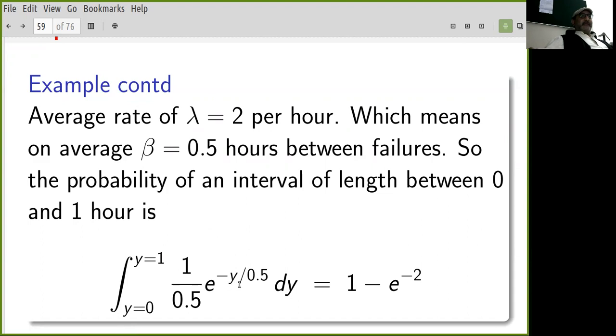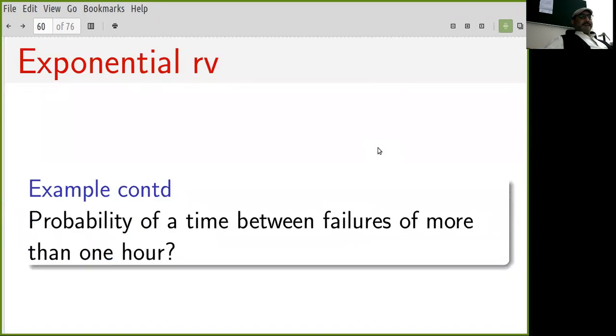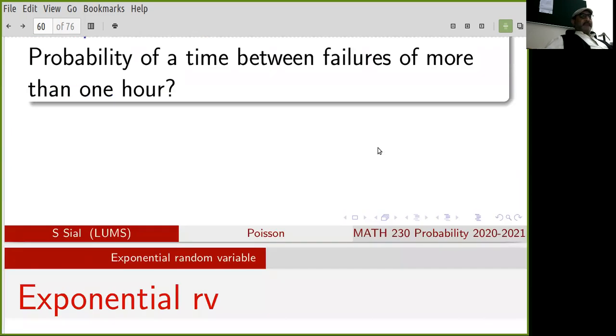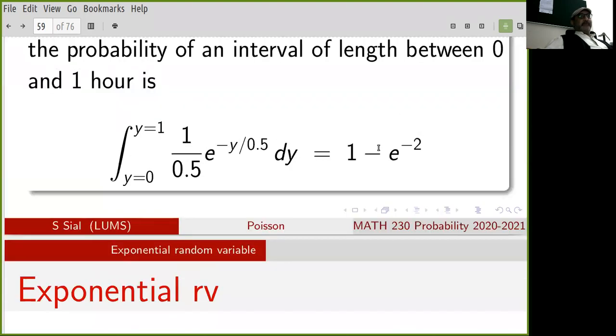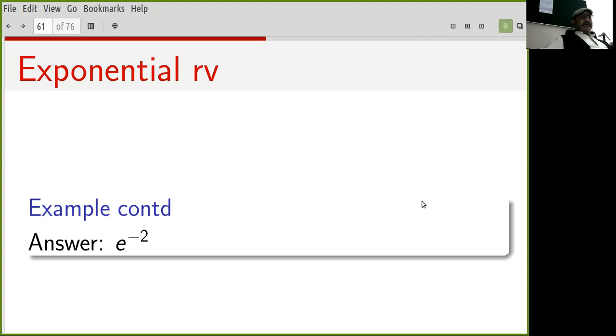E to the negative y over beta, beta is 0.5 dy. And if I do that calculation, I get 1 minus e to the minus 2. What's the probability of a time between failures of more than 1 hour? Well, that would be 1 minus that. So it would be the exponential of minus 2.